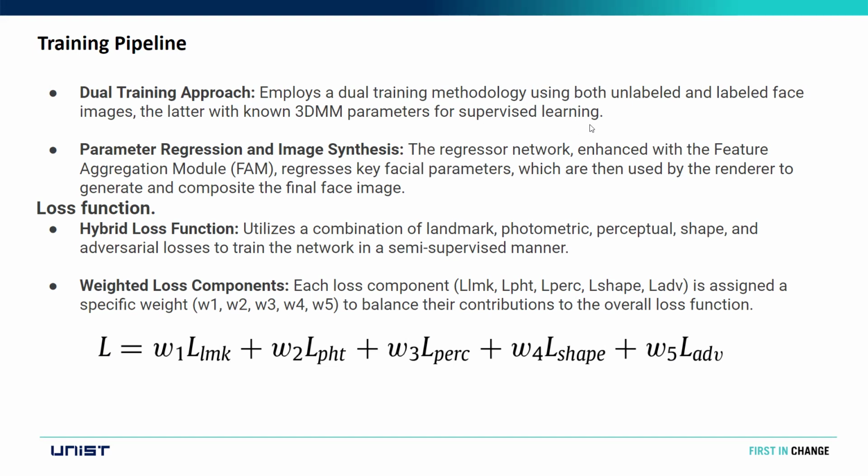The reason is that some of the methods use the 3D WMP dataset, which has 3D parameters for supervised learning, and also use parameter regression and image synthesis. The regression network, enhanced with feature aggregation, regresses key features, which are then used to render and composite the final image.